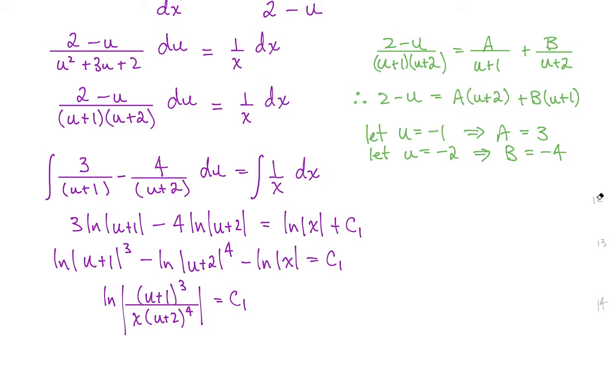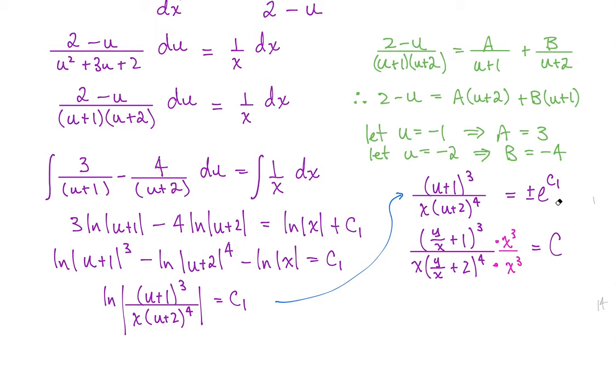So from there, what I do is I take that expression and I'm going to take it out of logarithmic form. So that's my next step. I'll take it out of logarithmic form and I get (u plus 1) cubed over x(u plus 2) to the 4 is plus or minus e to the C1. And at that point, I can just arbitrarily call e to the C1 a new superconstant C, and I'm going to multiply top and bottom by x cubed.